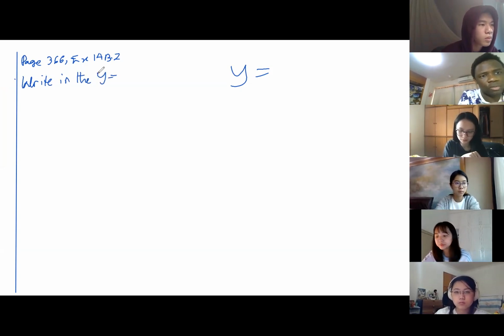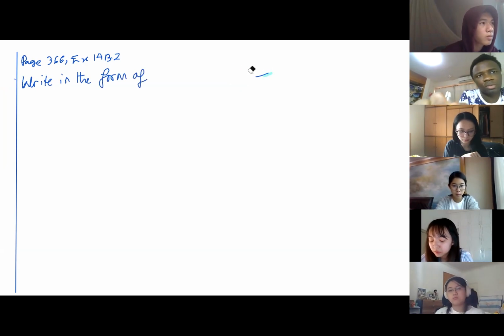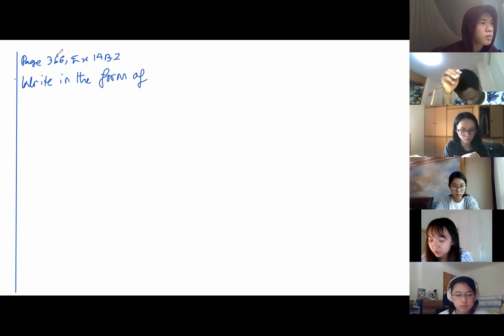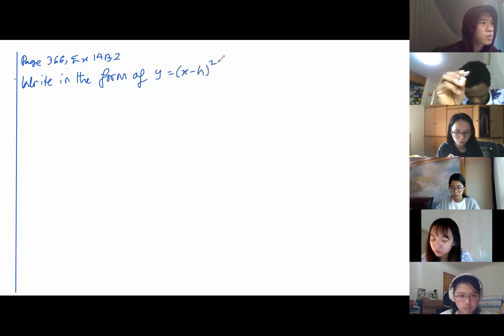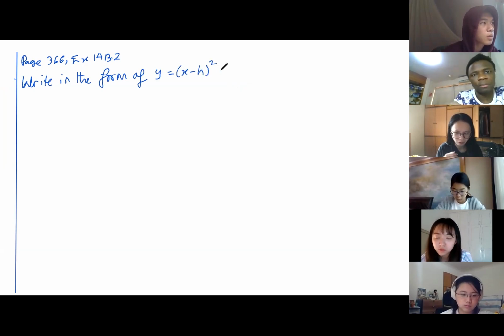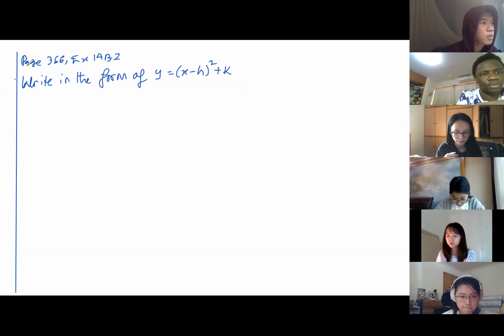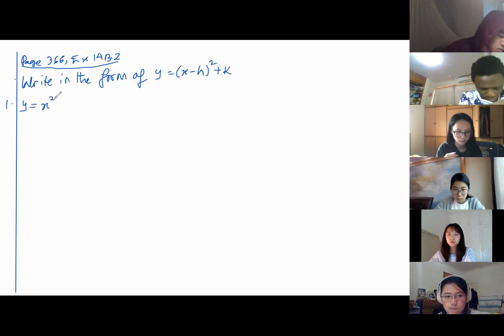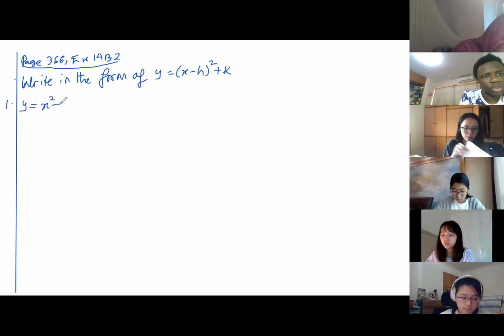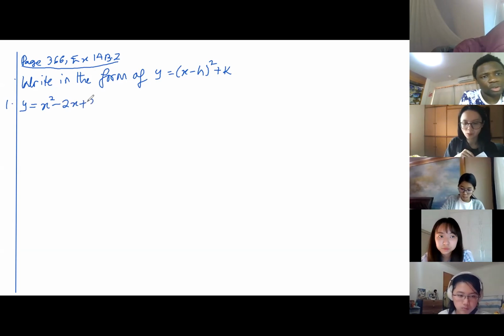Write in the form of y equals x minus h all squared plus k using completing the square. So that's all I'm going to write. The first question, y equals x squared minus 2x plus 3.